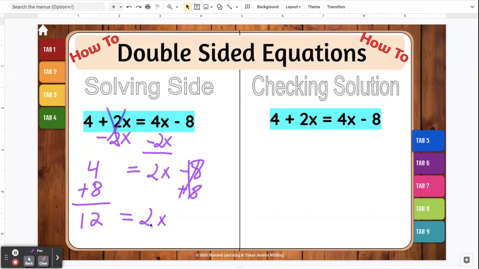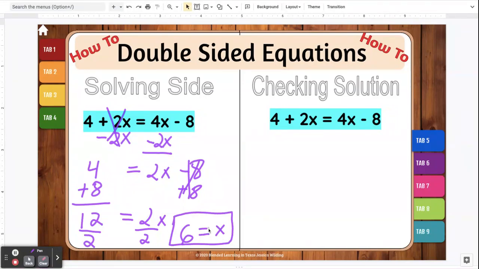Now I'm going to do the inverse operation again by doing the opposite of multiplication, which is what's happening here when you have a number with a variable, and I'm going to divide. This is the same thing as when we divvied up those 12 positive circles between those two groups. Once we did that, we were able to see that the value for x was indeed 6.